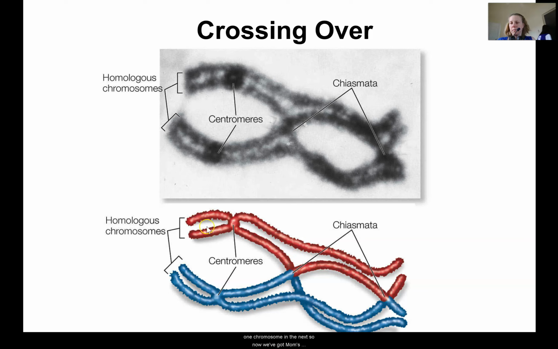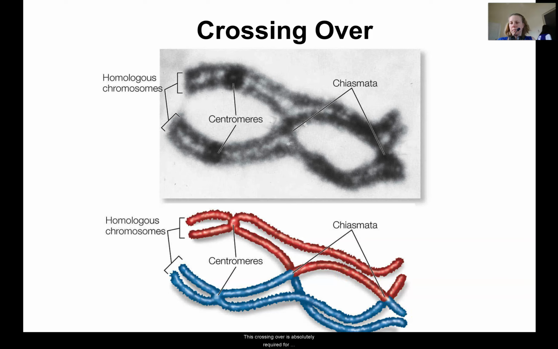So now we've got mom's chromosome here. This copy, we can trace it from one end to the other. It's now crossed over with dad's, and so it switches from being red to blue at that position. Dad's chromosome does crossovers too. So if we follow this chromosome here, it goes from blue to red, and then it goes back to blue again after that crossover event occurred.